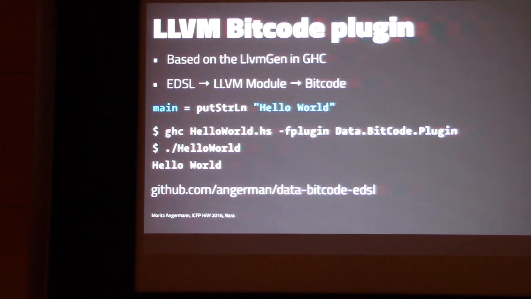So this basically works almost identical to that. It just translates it, instead of into textual, it translates it into the EDSL. And so a simple module like this hello world module there can be compiled right away and works right now as it is. And that basically sidesteps completely the current LLVM backend that's in GHC and uses the plugin to do that.